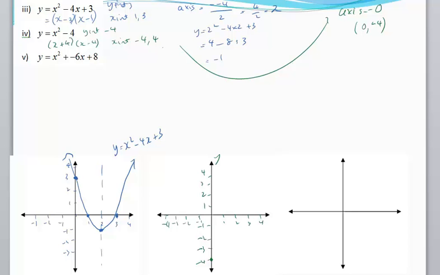Our x-intercepts are at minus 4 and 4 here. Our axis is here on y axis at 0, so our curve comes down like this here. So this is our parabola, y is equal to x squared minus 4.